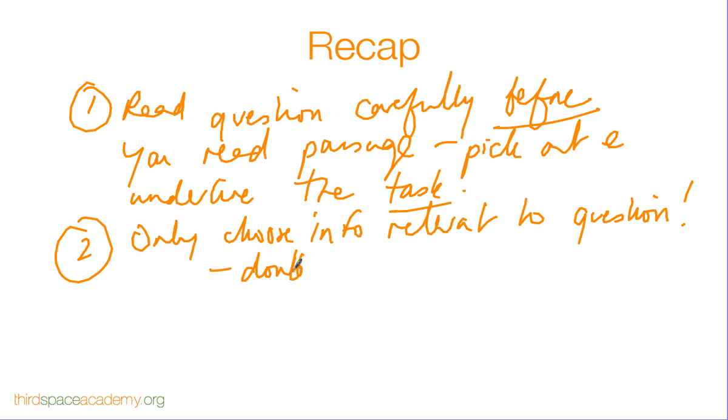Keep going back to the question, keep moving back into that question all the time. Every time you find a piece of information, go back and double check just to make sure that it is relevant to the question. Think, is that piece of information going to answer that question? If not, it's not worth picking out. Don't get bogged down by irrelevancies.